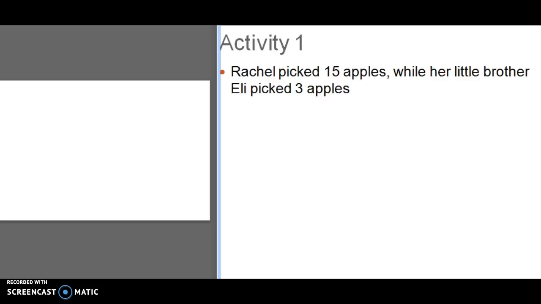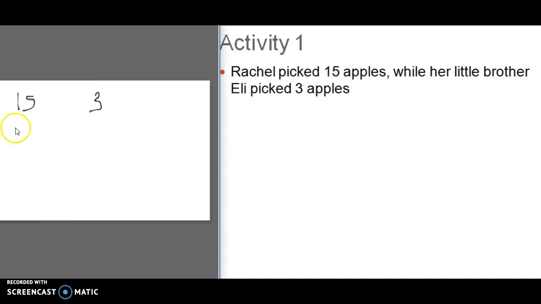So in order to write this out as an equation, we are going to be using the numbers 15 and the number 3. So this needs to be multiplication. So I need to think, what operation do I need to have in here and what other number?